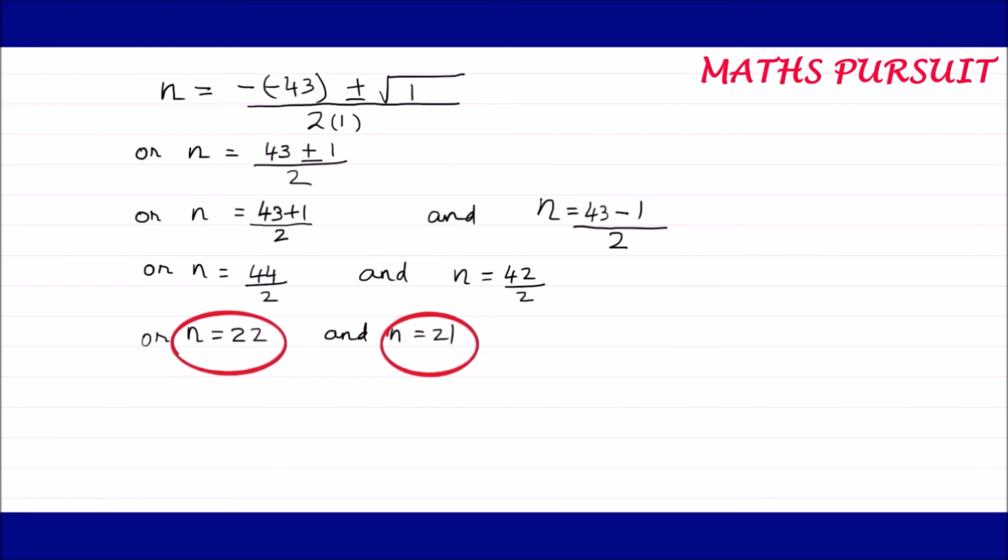So we can say either we can take 22 terms, or 21 terms, to get the sum 693.